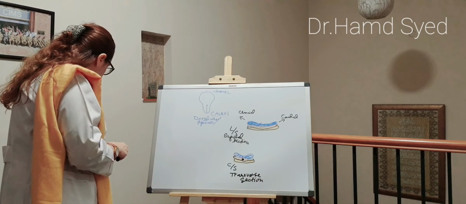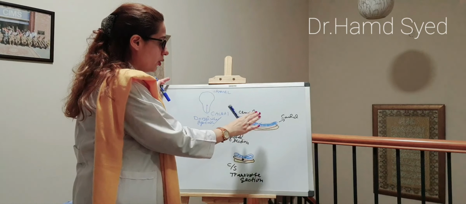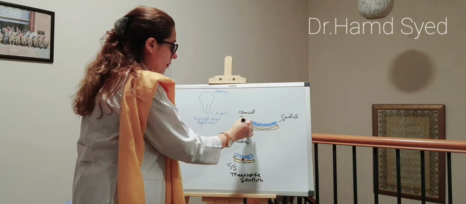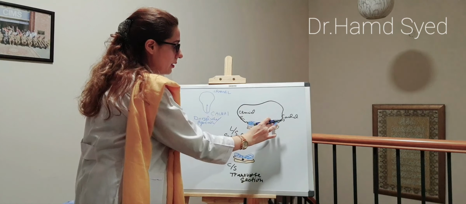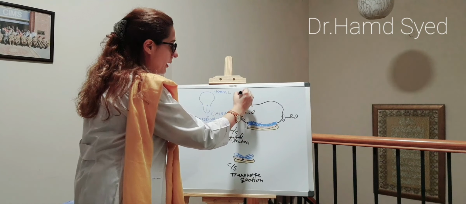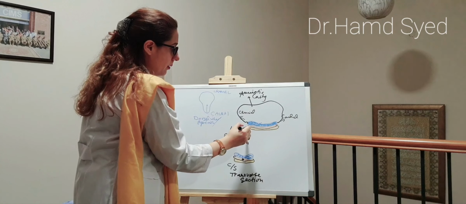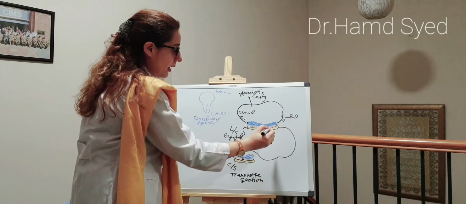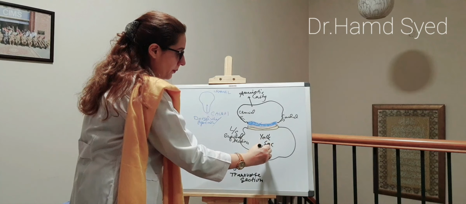And along with this, I would like to mention that when we talk about the trilaminar germ disc, above is the cavity which is continuous with this ectoderm, known as the amniotic cavity, and below is another cavity which is continuous with the endoderm, and it is known as the yolk sac cavity.